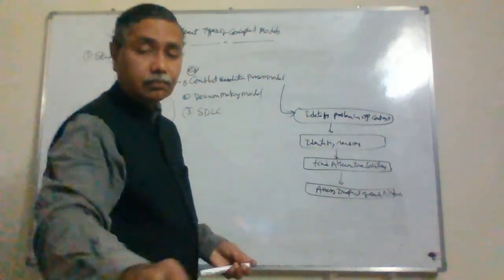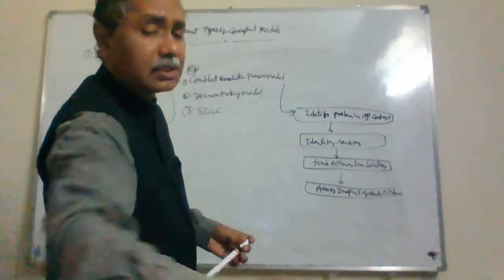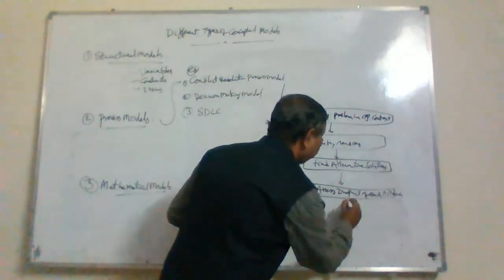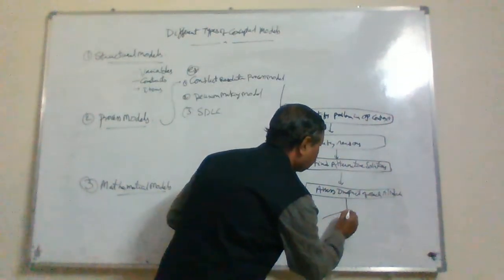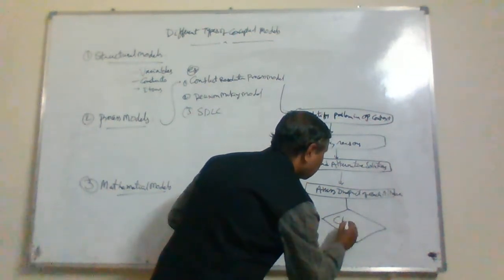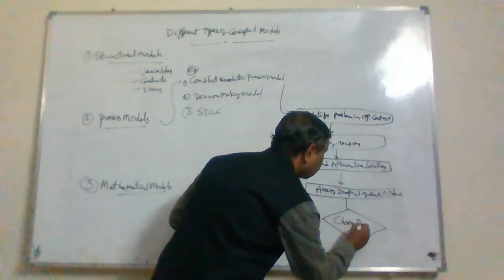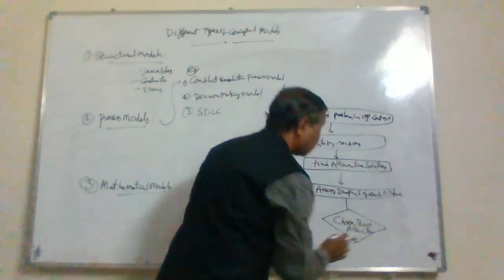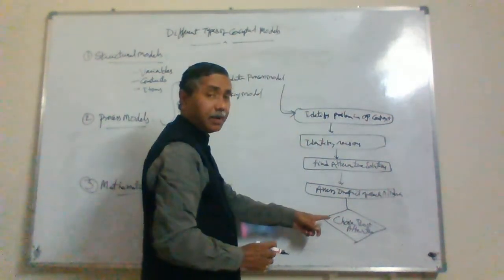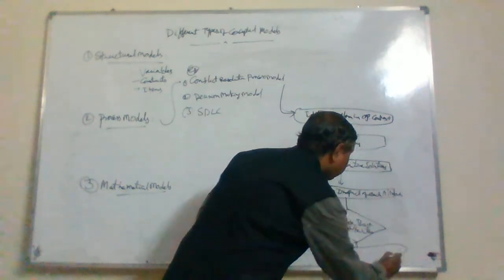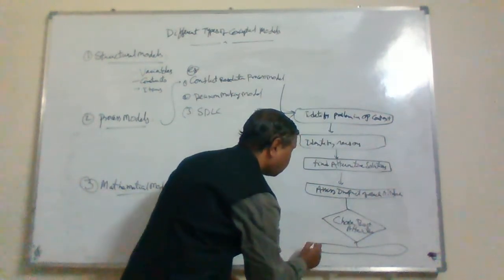Next, what do you do after assessing the impact of each alternative? You choose the best alternative, right? You take a decision. Choose the best alternative. A decision we represent using a diamond. Next, apply the conflict resolution technique, whichever you think is the best alternative.